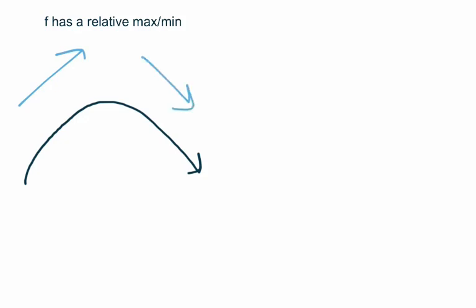Let's start our conversation with what it means for f to have a relative max or min. So if f has a relative maximum, that means that f is going from increasing to decreasing. So you can see here, f is increasing here, f is decreasing here. At the top, that value is the maximum value. And it's relative because it's only happening in this little neighborhood.